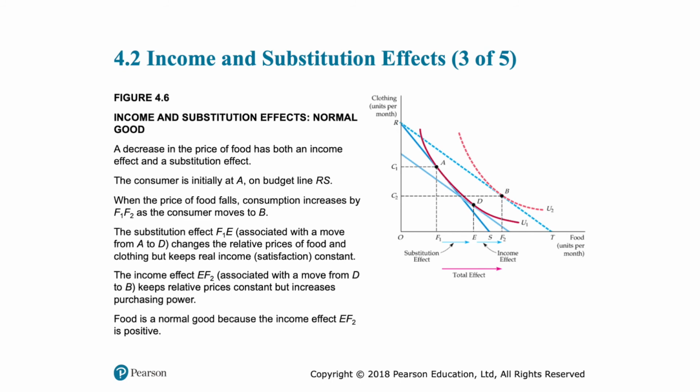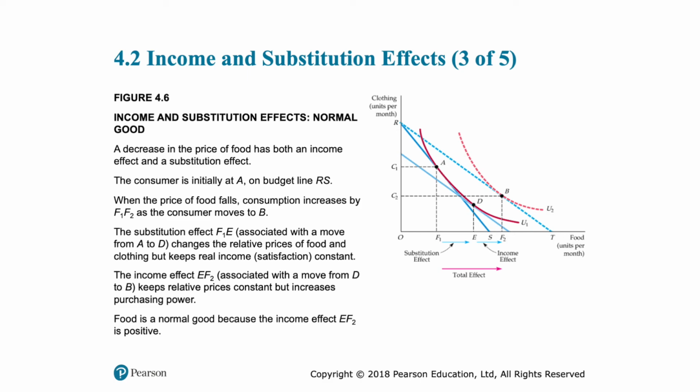So graph it correctly, right? A decrease in the price of food has both an income effect and a substitution effect. The consumer is initially at point A on budget line RS, right? RS, this one. When the price of food falls, consumption increases from F1 to F2, right? The new solution occurs at point B. So F1 to F2 is the total effect.